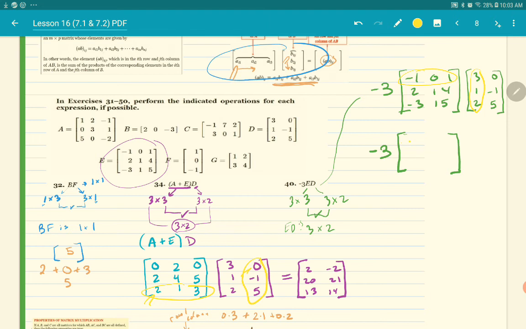I'm going to write that a little bit more to the right because this is only 2 wide. And then for the next one, I'm still in row 1, but now I've moved over to column 2. And I add those products. So I have 0 plus 0 plus 5. So that gives me a 5.